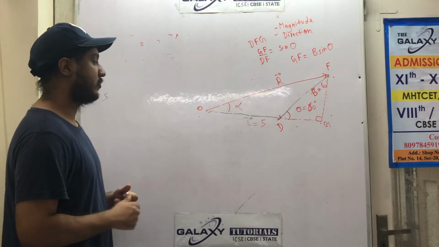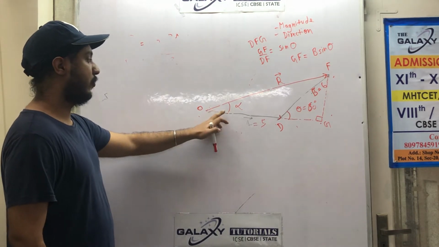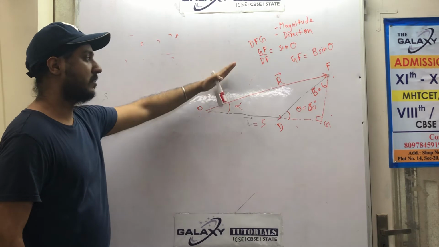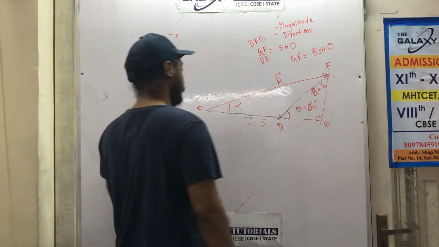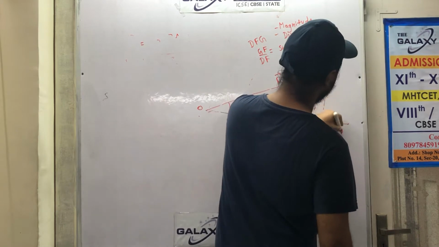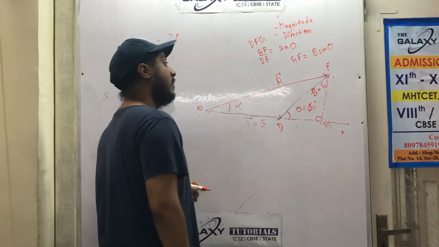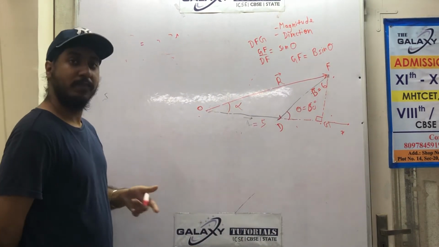Now we have to find the direction. What does direction mean? Basically, I told you already. It is the angle that the resultant vector is making with the base, or you can say with the x-axis. Okay, so we have to find the value of alpha.